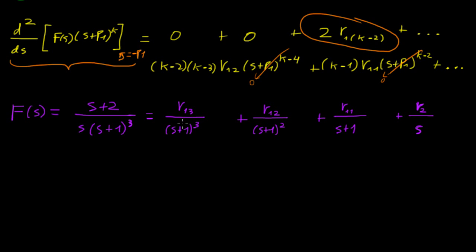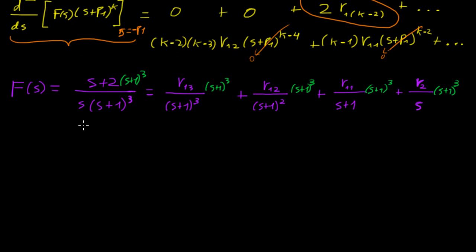Multiplication by (s + 1) cubed, and we can write everything after cancelling out things in the expression.